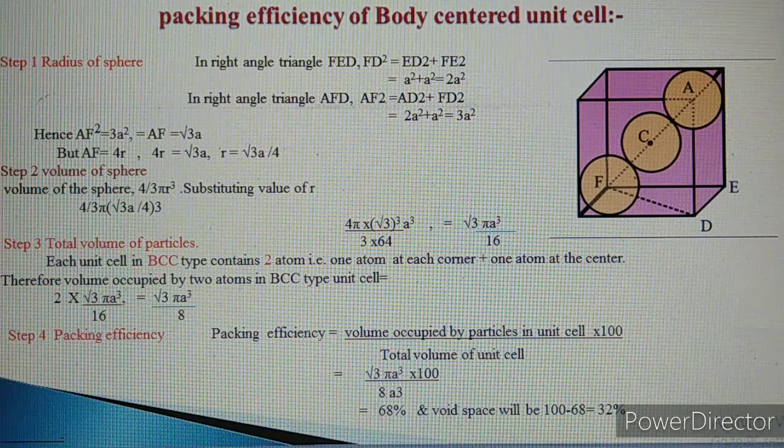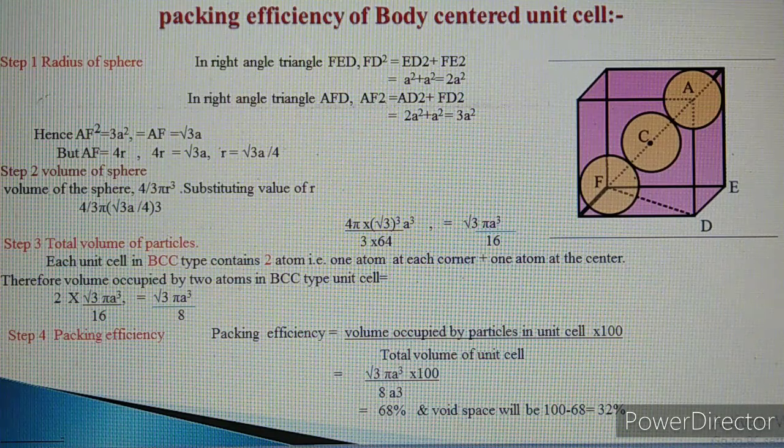Packing efficiency. Packing efficiency is equal to the volume occupied by the particles in the unit cell divided by the total volume of the unit cell, multiplied by 100. If we substitute, what is the total volume occupied by the particles?